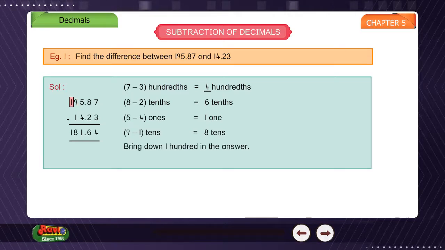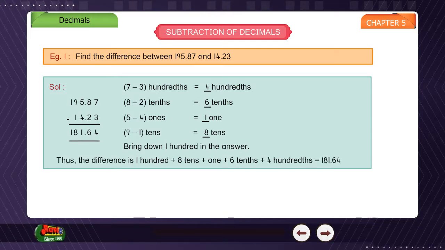Bring down 1 hundred in the answer. Thus, the difference is 100 plus 80 plus 1 plus 6 tenths plus 4 hundredths is equal to 181.64.